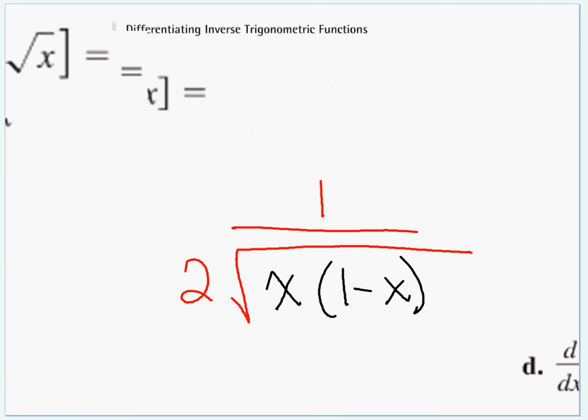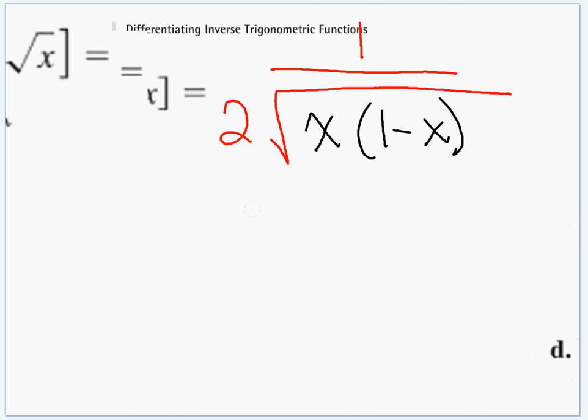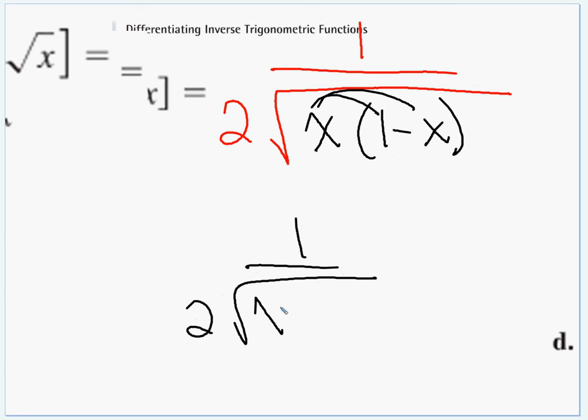Or if you want to distribute the x under the radical, that would also be acceptable. So that would be 1 over 2, and then radical, distribute, that would be an x minus an x squared. X minus x squared. And there we go, a little more good-looking answer for our derivative of arc sine of root x.